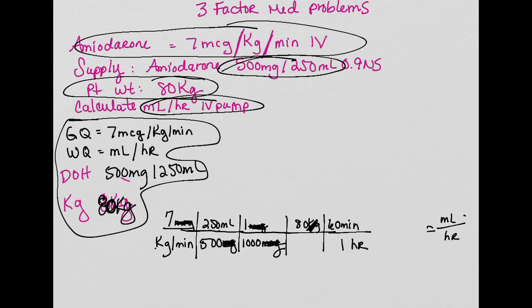All right, so do I have it all set to go? So I have an hour down here, right? And now I can cross out minutes here. Oh, I can cross out the kilograms. So I have the hour and I have the mLs. Okay, so now we're going to multiply 7 times 250 times 80 times 60.